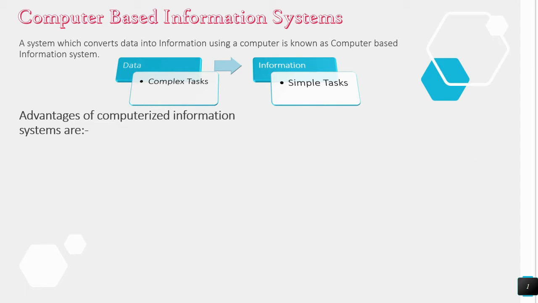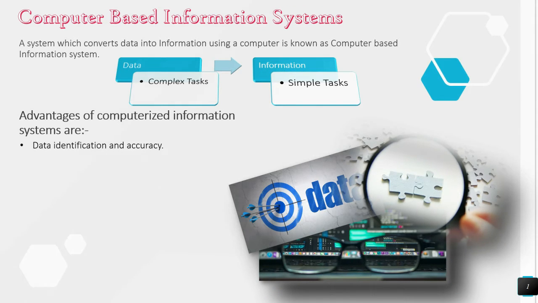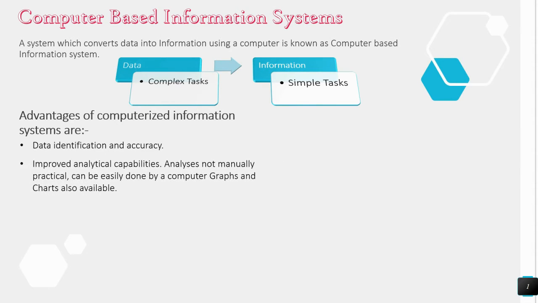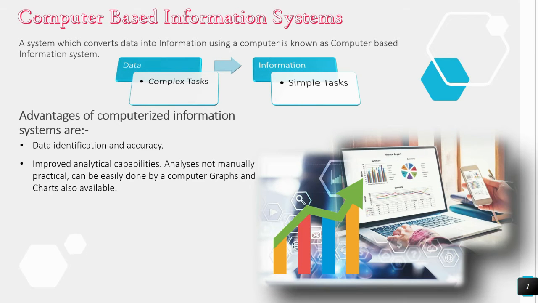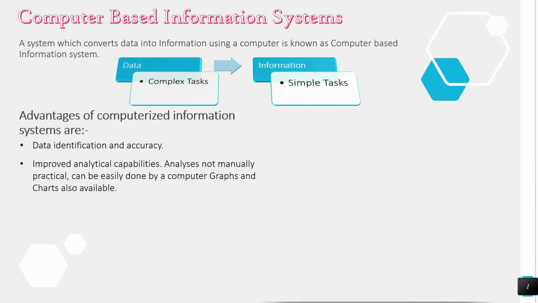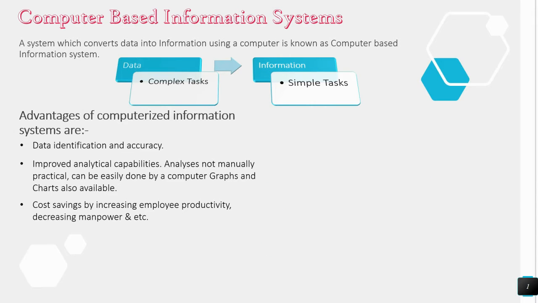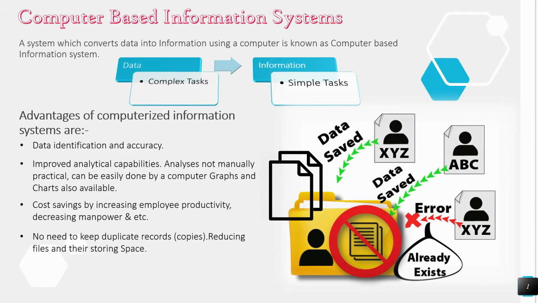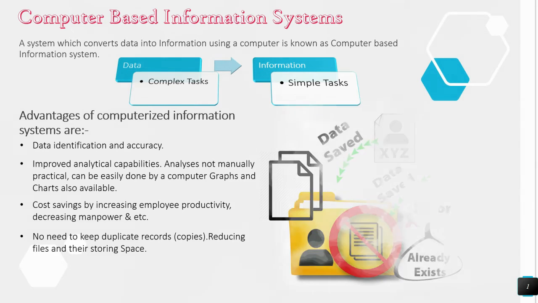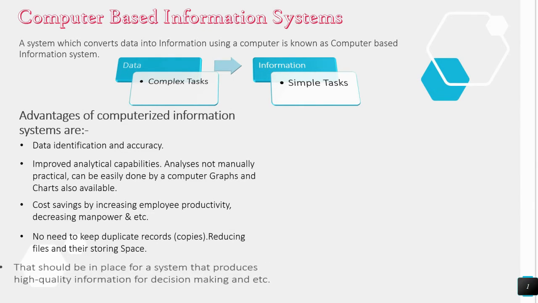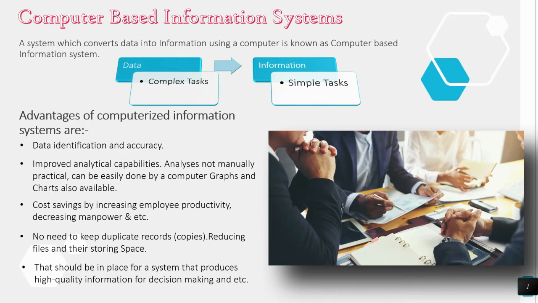Advantages of computerized information systems are data identification and accuracy, improved analytical capabilities, analyses not manually practical that can be easily done by a computer, graphs and charts also available, cost savings by increasing employee productivity, decreasing manpower, no need to keep duplicate records and copies, reducing files and their storing space. That should be in place for a system that produces high-quality information for decision-making, etc.